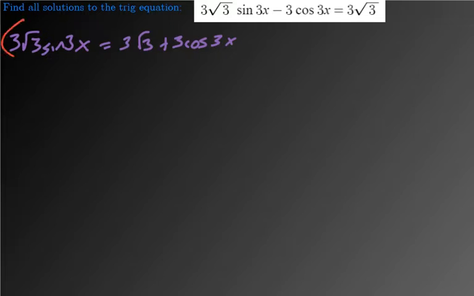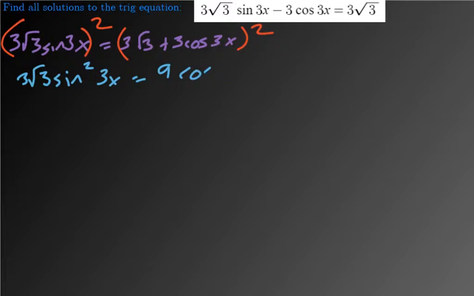And then literally if I go ahead and just square both sides, I'll get 3 root 3 sine squared 3x. And then if I square out the right side, I'll have 9 cosine squared 3x plus 18 root 3 cos 3x plus 27.